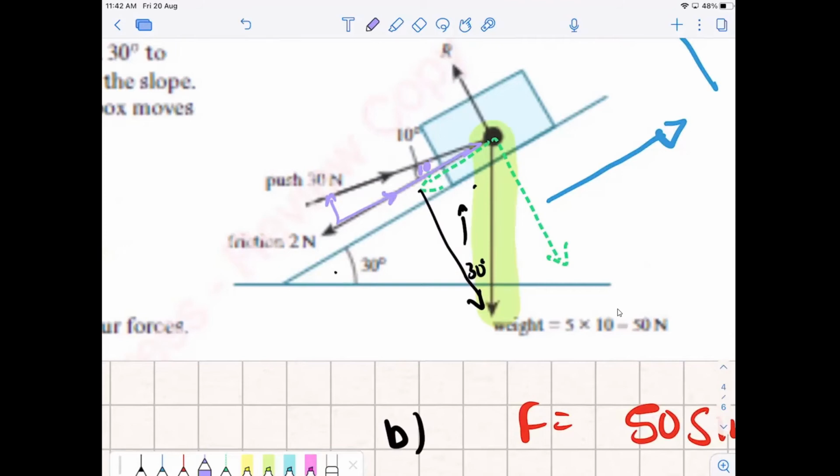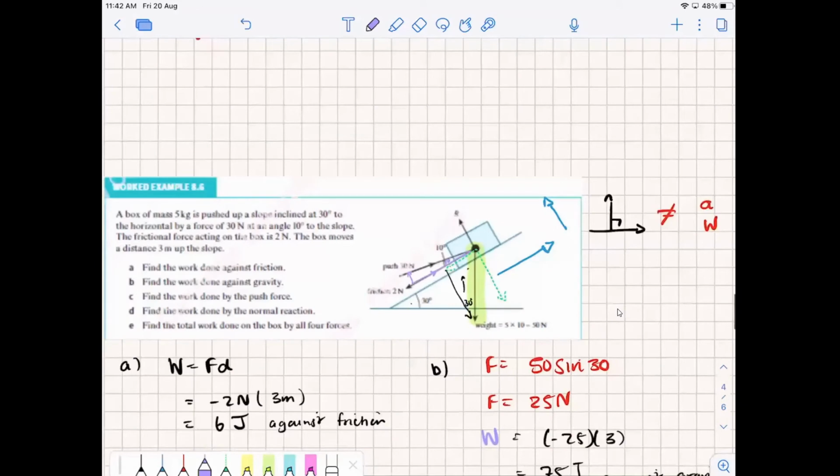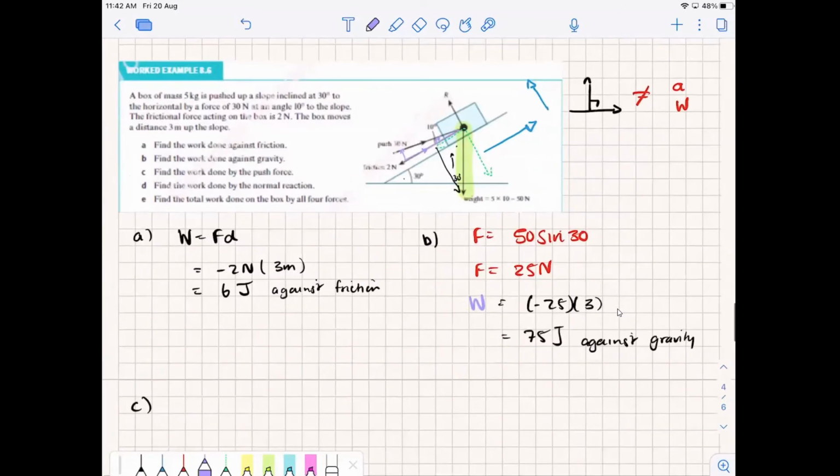Because this guy, well, he's going perpendicular, so I don't care about it. Okay? What side of the triangle is that in relation to the 10 degrees that I have? It's adjacent. Okay? So that's the adjacent side. So if I want to calculate the size of that force, that's going to be equal to 30 newtons times cos 10 degrees.